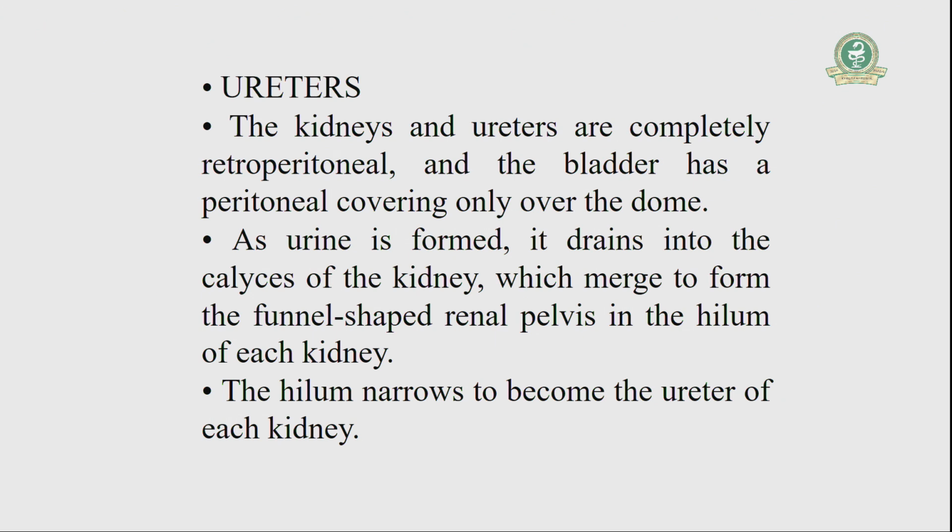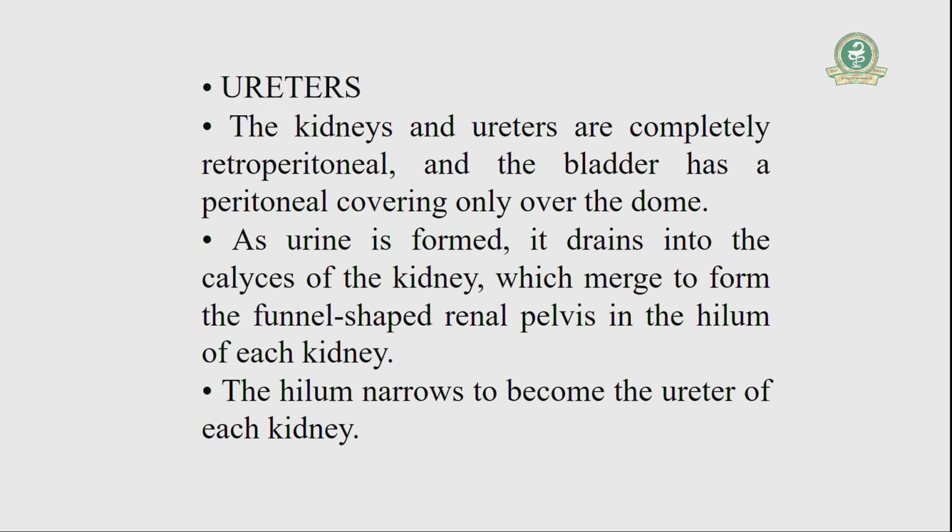Ureters continue. The kidney and ureters are completely retroperitoneal, and the bladder has a peritoneal covering only over the dome. As urine is formed, it drains into the calyces of the kidney, which merge to form the funnel-shaped renal pelvis in the hilum of each kidney.